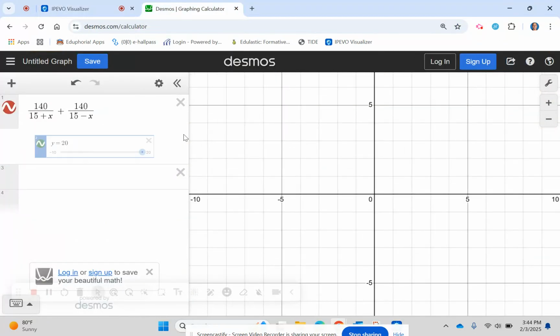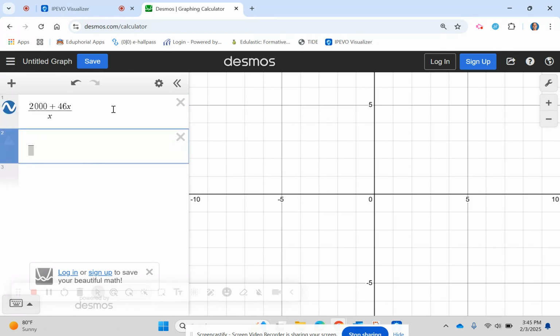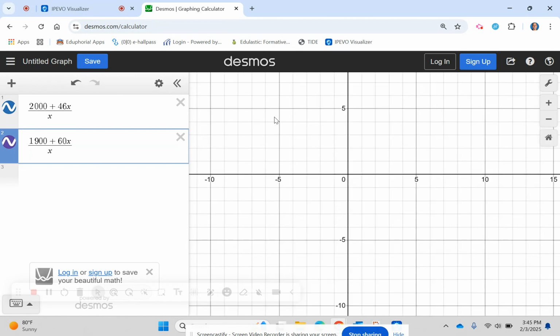Press the home screen, exit out, and let's graph. Alright, and then I'm going to zoom out.